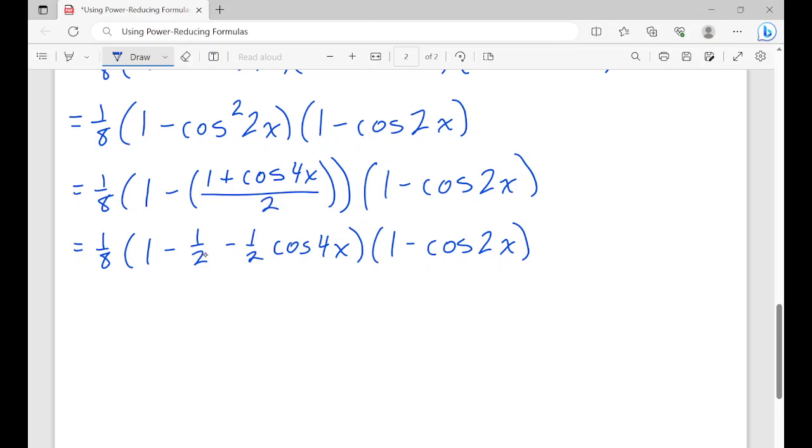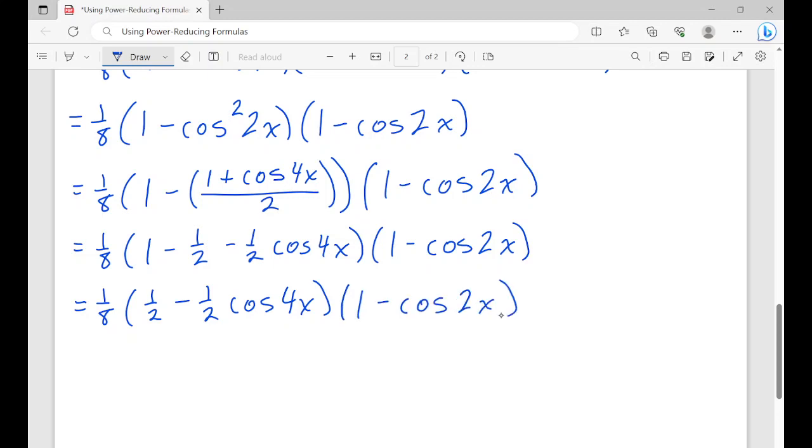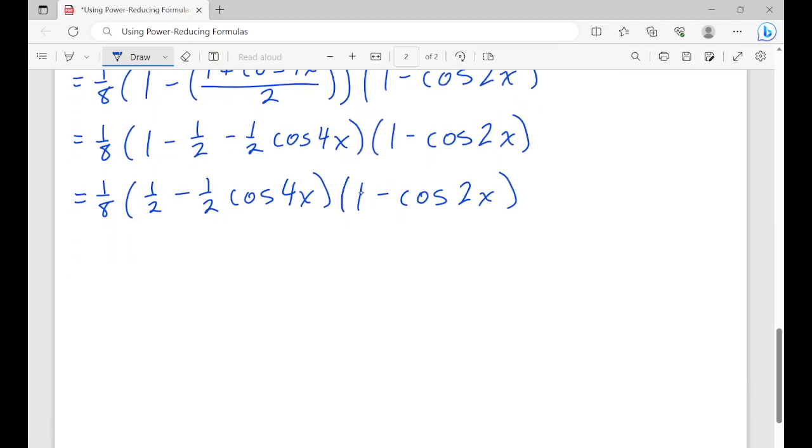And now that I have this, I'm going to combine the like terms here. So 1/8, 1 minus 1/2 is just 1/2, minus 1/2 cosine 4x, 1 minus cosine 2x. Now I haven't touched the second parentheses at all, but now I'm going to bring it into the fold. I'm going to distribute everything in these two parentheses together.